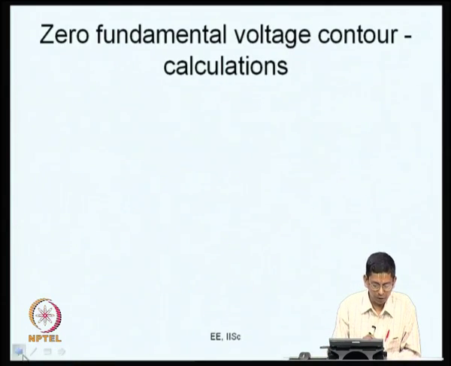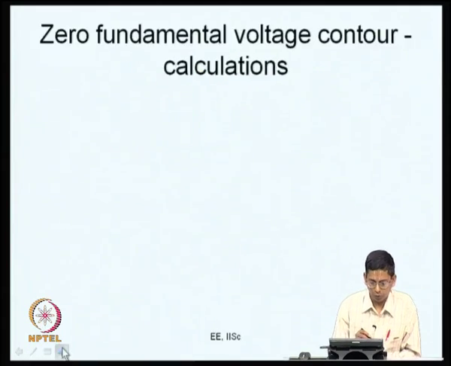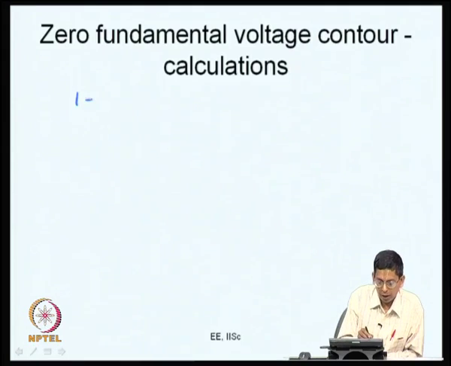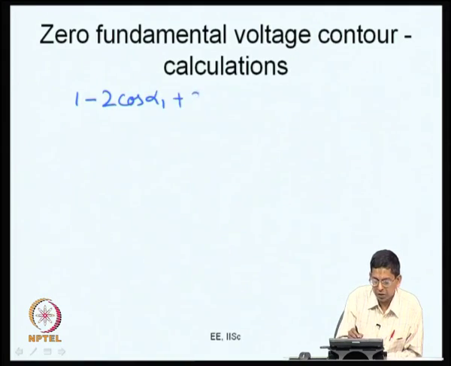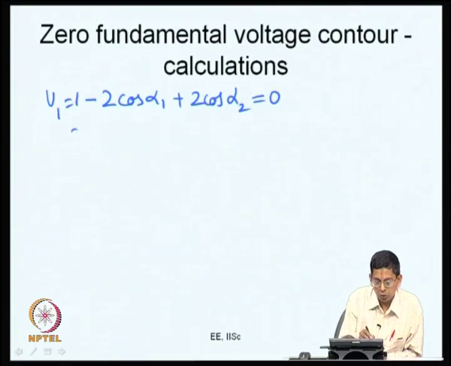So, how can we obtain this? One simple way is to substitute some value of alpha 1 and find out the value of alpha 2. So, you have 1 minus 2 cos alpha 1 plus 2 cos alpha 2 is equal to 0. This is your V1 and you want it to be 0 now. So, what is your alpha 2?